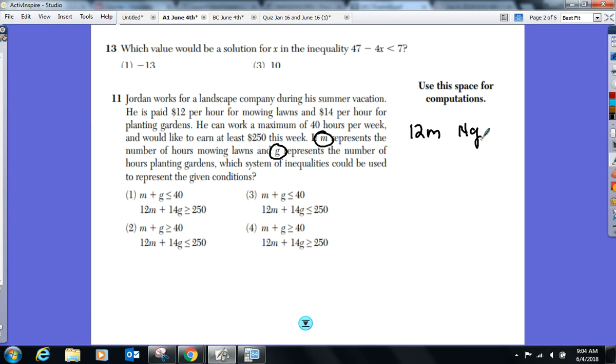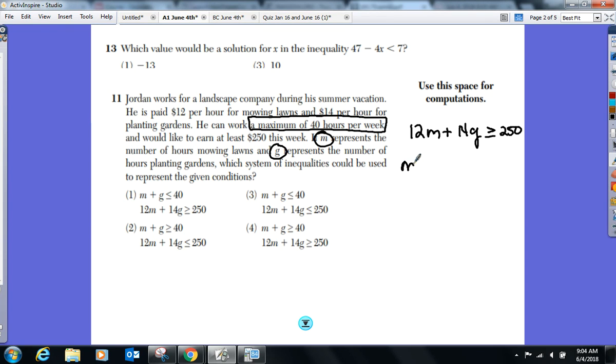And would like to earn at least $250 doing this. So when I add them together, what symbol should I put for at least $250 he wants to make? Greater than or equal to 250. So there's my first one. But there's two equations I need to set up. The second one comes from right here, that he can only work a maximum of 40 hours. And remember, M and G are our hours.